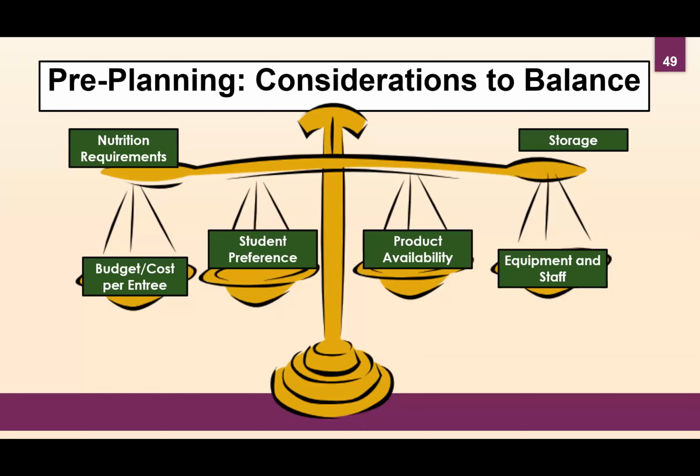The total number to be served within an allotted time can be a factor in what foods are prepared. If you are serving 100 kids as opposed to 600 kids, is this an item that I can pull off? Large campus numbers that need to be served in a short period of time will need to factor that into their menu planning.